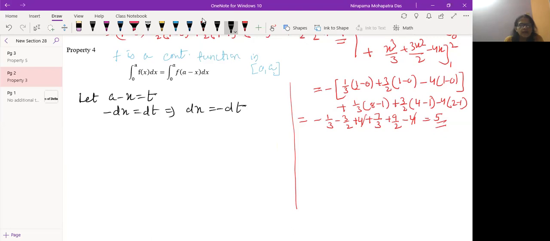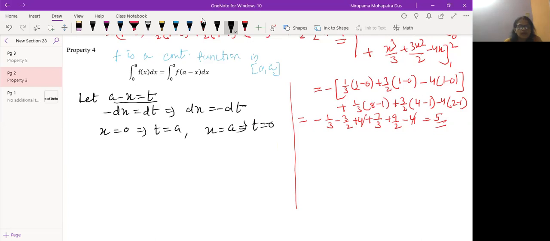So here you see, when you change the variable of integration, the limits of integration will also be changed. x equal to 0 means t equal to a, and x equal to a implies t equal to a minus a, okay, t equal to 0.